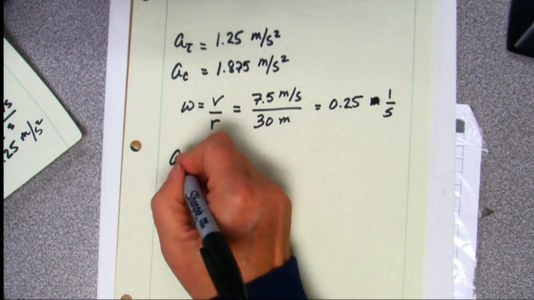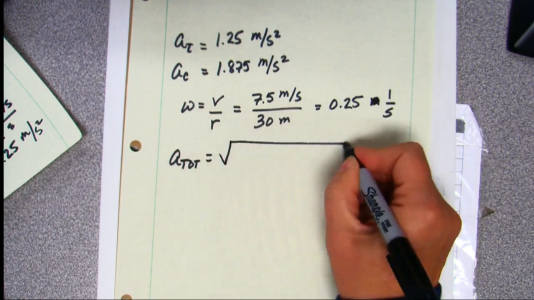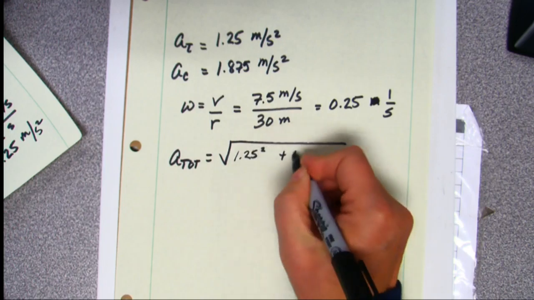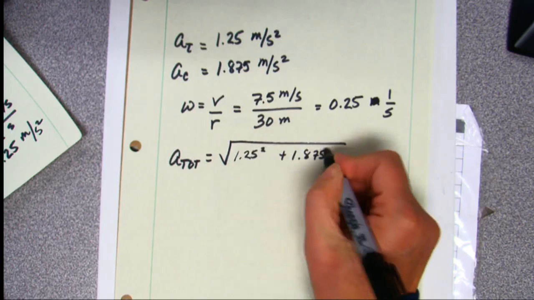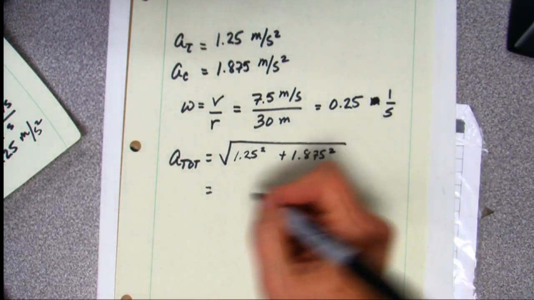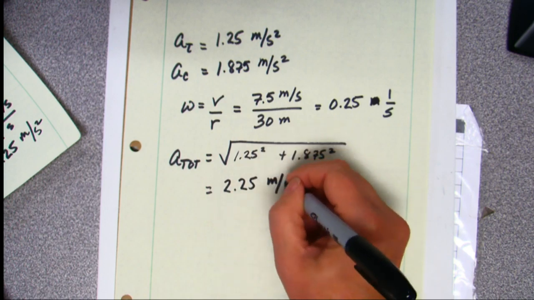And now if I want to do my total acceleration on the vehicle, I'm going to get the square root of 1.25 squared plus 1.875 squared. And I get 2.25 meters per second squared.